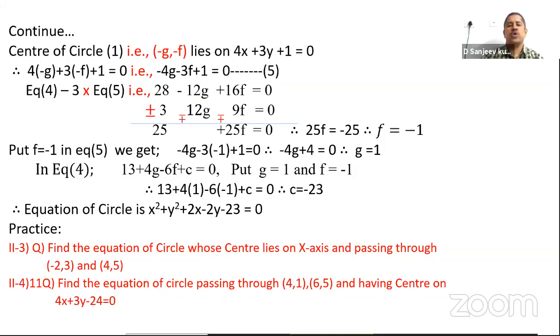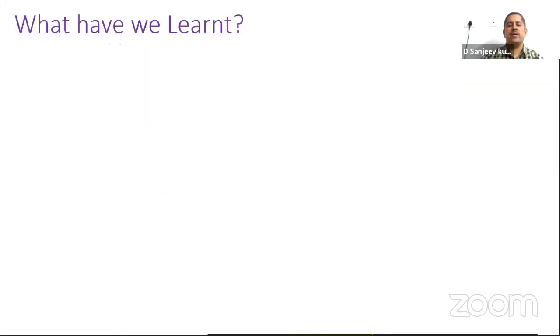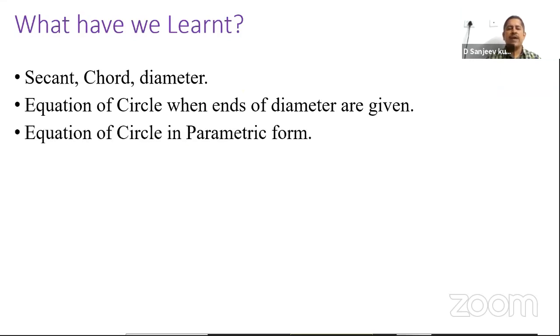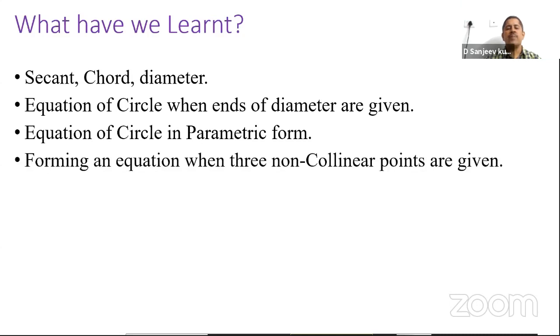Okay, so what you learned in today's class is what is secant, what exactly is chord, and what is diameter, and how to find the equation of circle when the ends of the diameter are given to us, and find the equation of circle in the parametric form, forming an equation of circle when 3 non-collinear points are given to us.